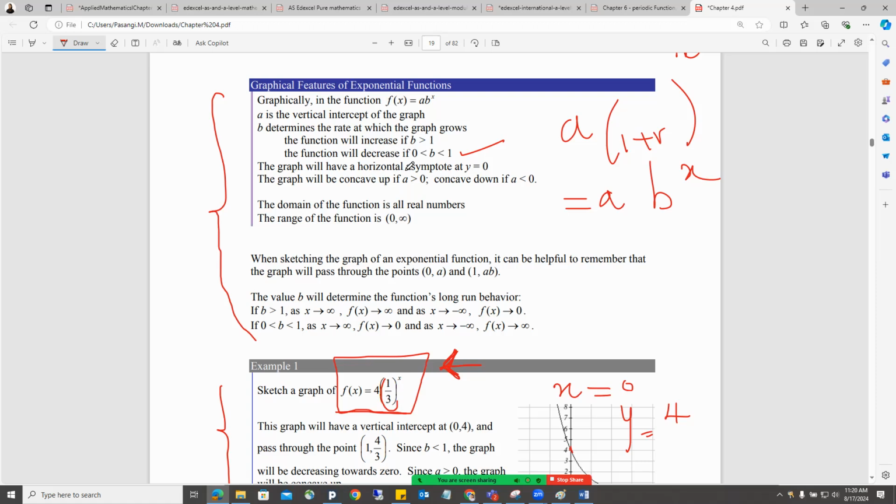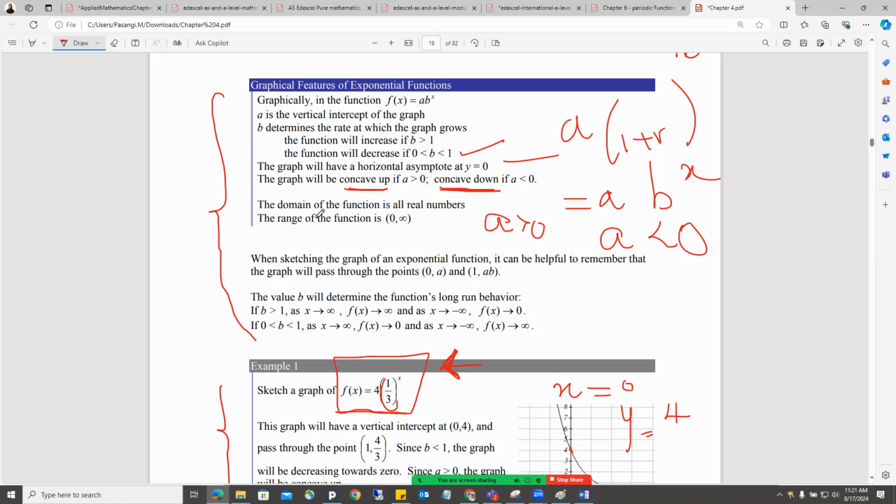The horizontal asymptote is at y equals 0. If the initial value is a positive value, then it will be concave up. If a is less than 0, then it will be concave down.